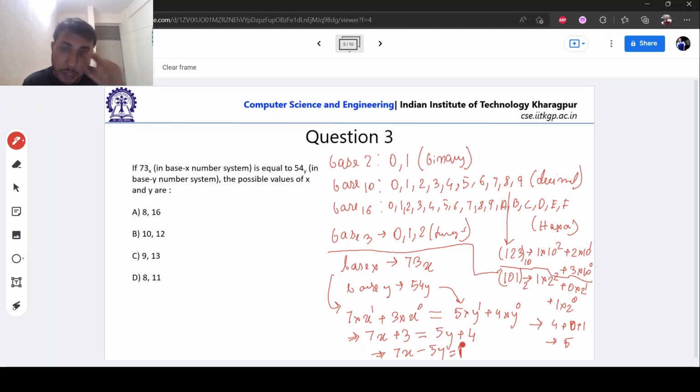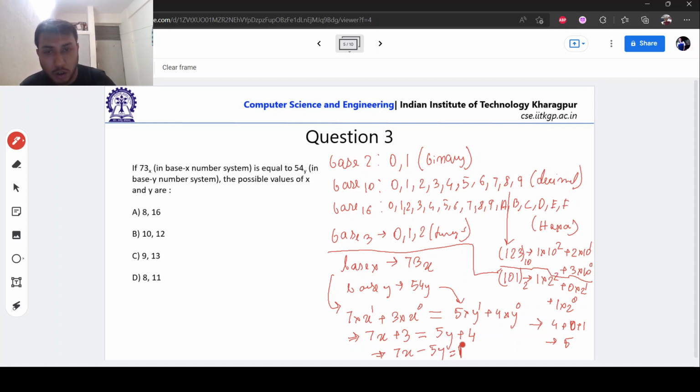So this is the equation. To find the solution, you need to choose from the values a, b, c and d, by substituting which value this equation gets satisfied. If you notice, it is 7x minus 5y equals 1.